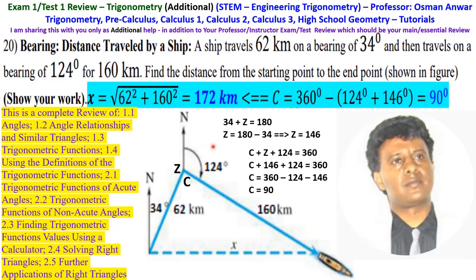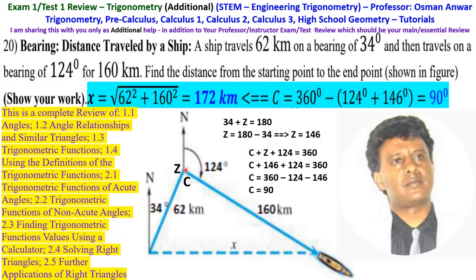To do that, if we can prove that angle C is 90 degrees, then we'll be able to use the Pythagorean theorem to find x. We know this line is parallel to this line. That means 34 plus z is equal to 180, so z is 180 minus 34, which is 146.